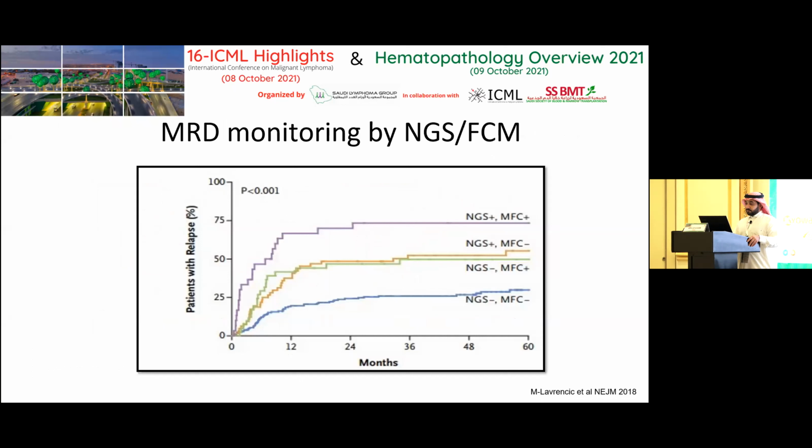The comparison in this study between NGS and flow cytometry can give a prediction of the relapse rate if you have results from both modalities.